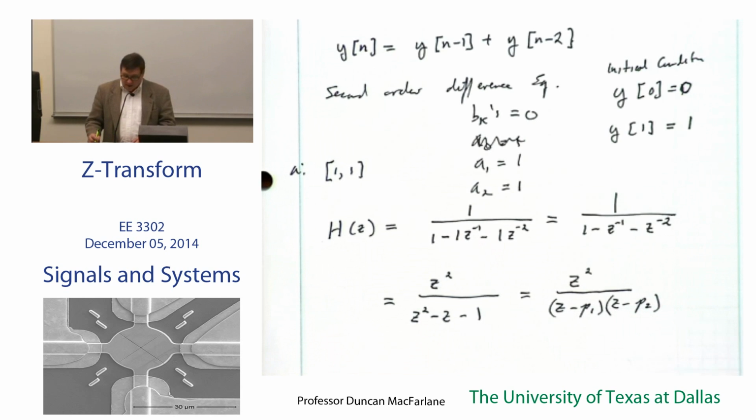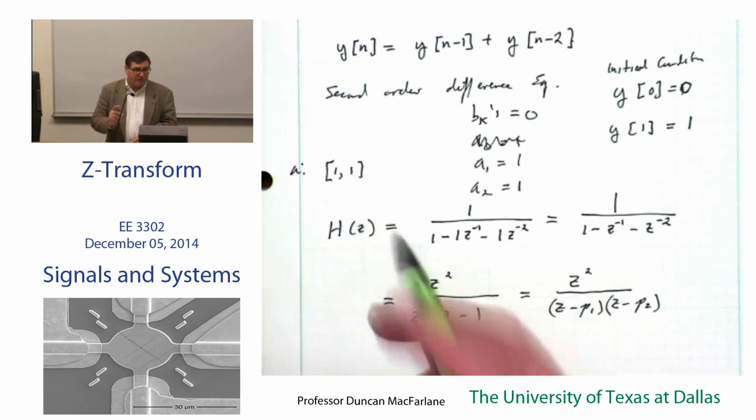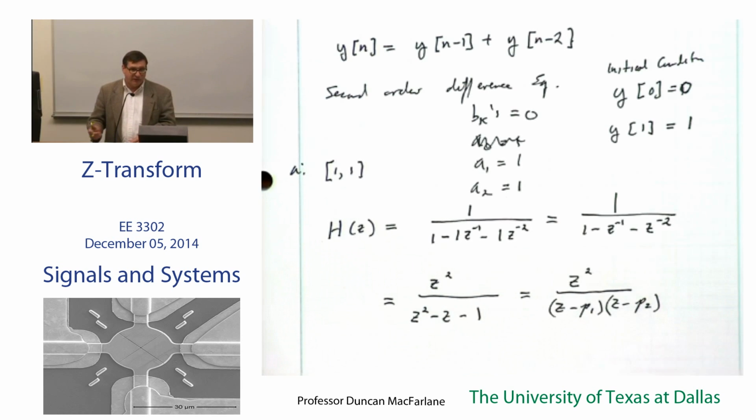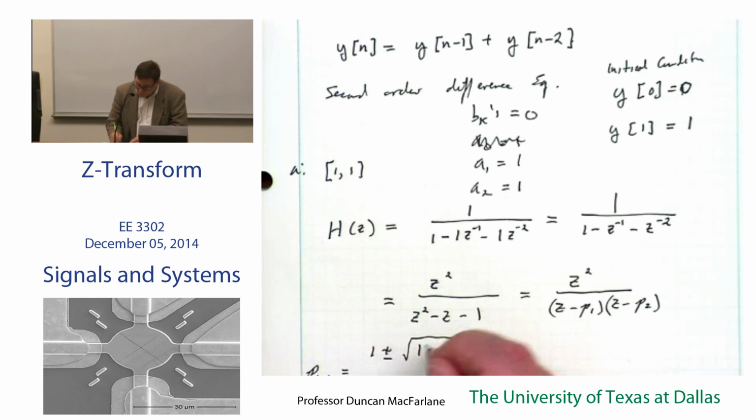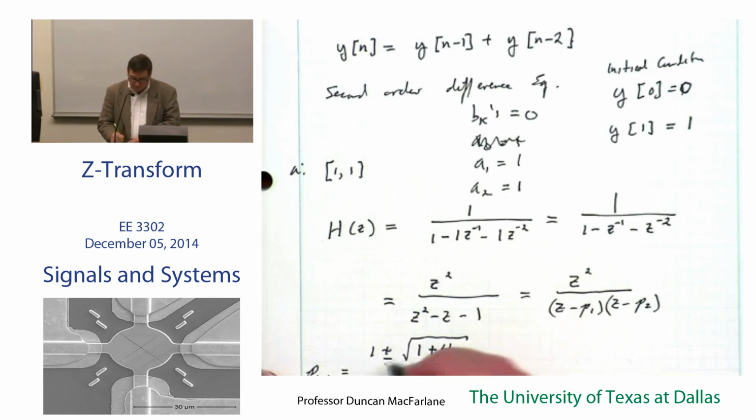And what I have to do is factor this. Well, this is a nice little second-order polynomial, so it's negative b plus or minus the square root of b squared minus 4ac, all over 2a. So my two poles, my two roots, are 1 plus or minus the square root of 1 squared minus 4ac, which is just 4, all over twice the first coefficient.